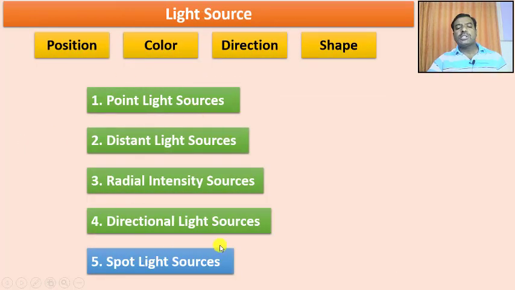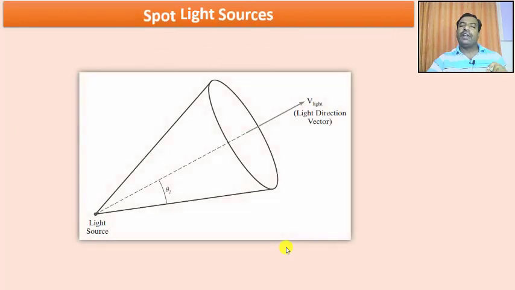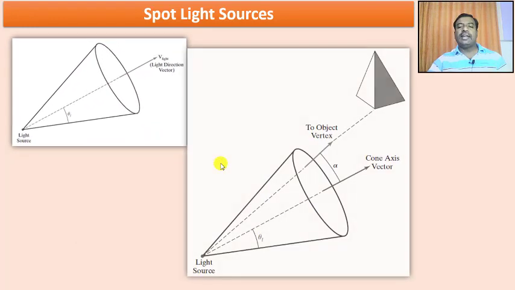And if I talk about a spotlight source, it is a variation of a distant light source where I'm going to have a direction of the light, and I'm going to have a light source. I'm going to have direction and light source, and I'm going to work with an angle, which is going to give me the spotlight source of the light which I am going to define in the scene.